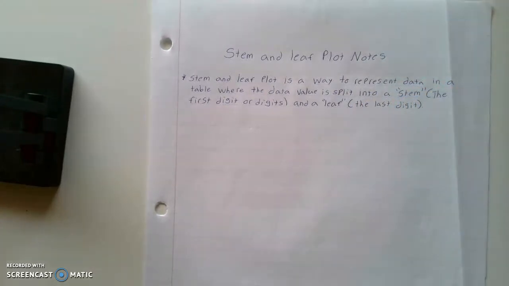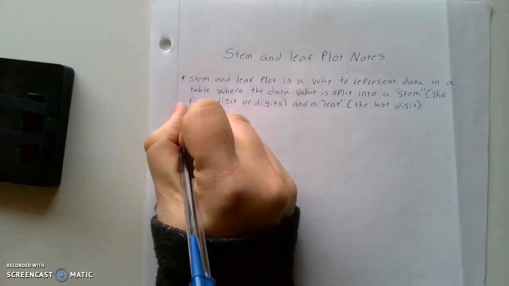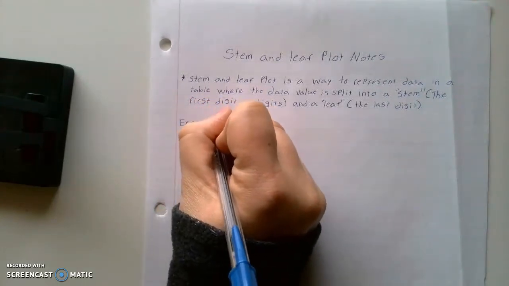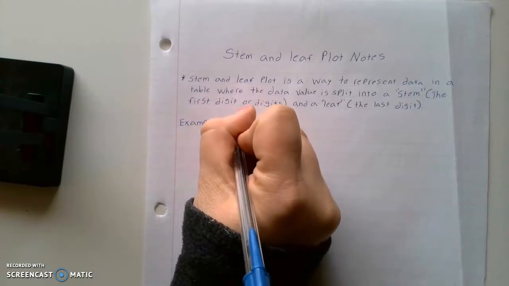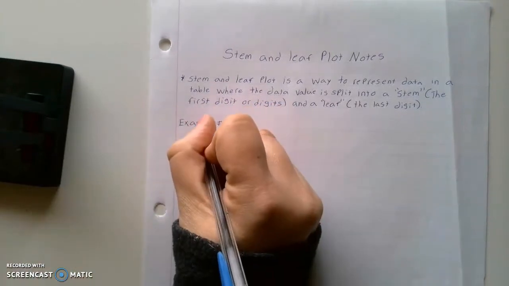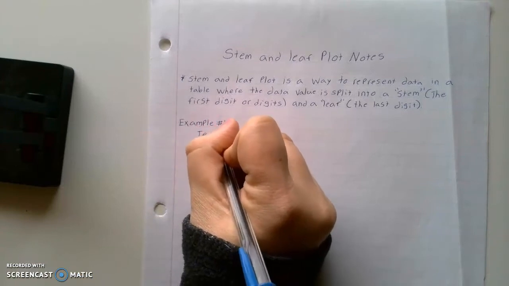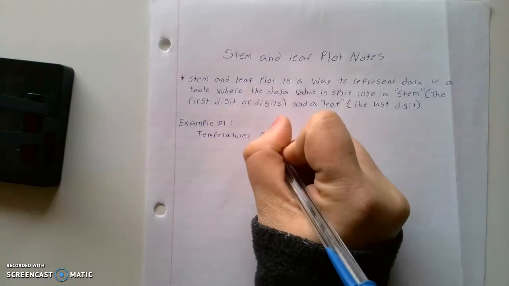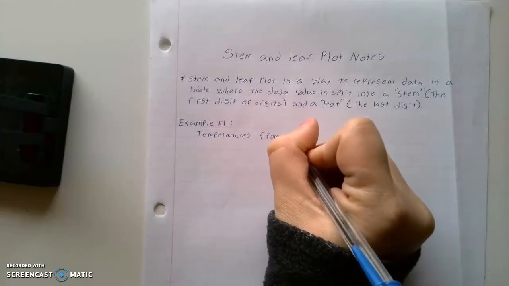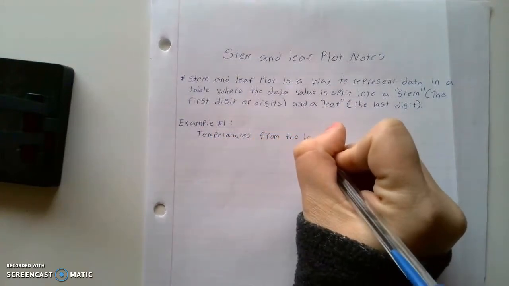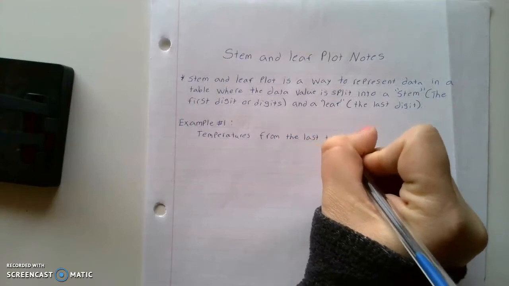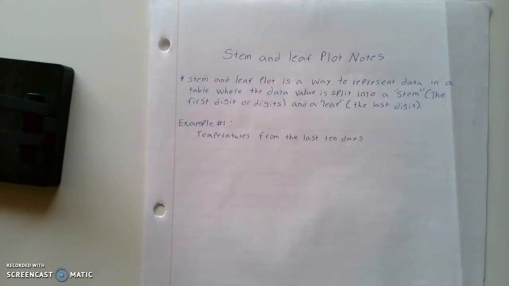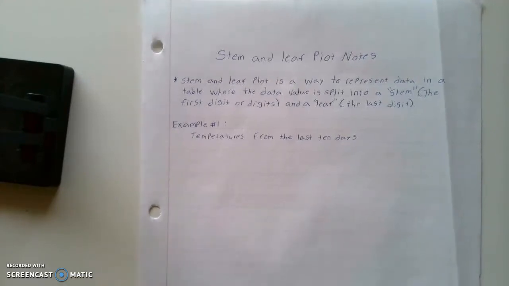Okay. So let's look at a couple of examples of a stem and leaf plot. So our first example, I'm going to look at temperatures from the last 10 days. Okay, so we know that Ohio weather kind of goes up and down all over.